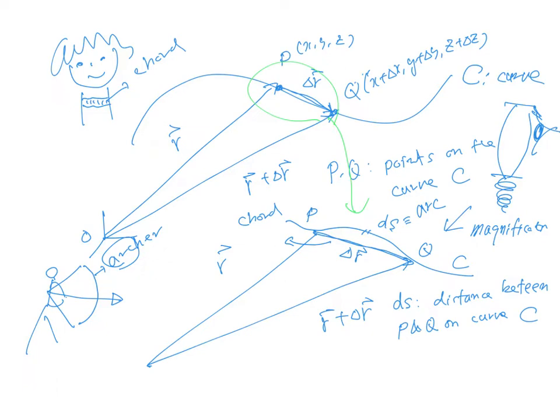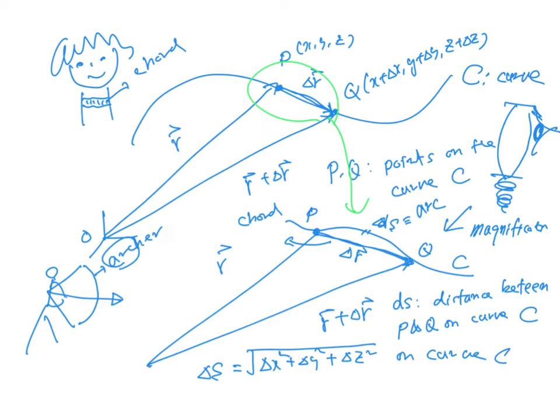Then ds, or delta s, is the square root of delta x squared plus delta y squared plus delta z squared on curve C. If you want to calculate this dr/ds, I guess you still need time to copy the slide.